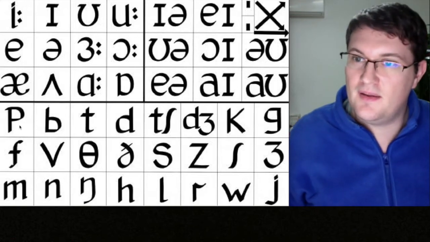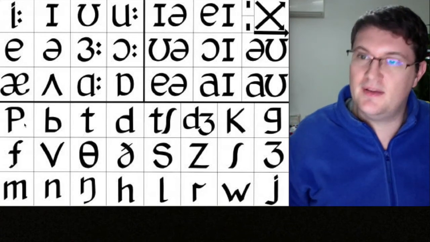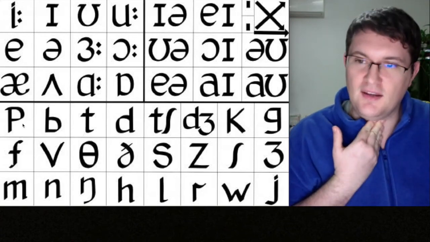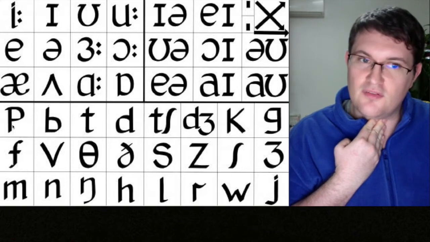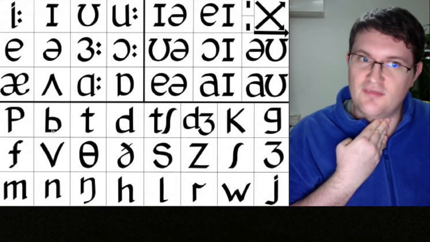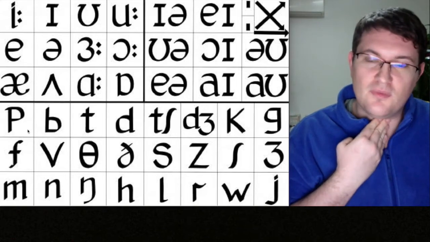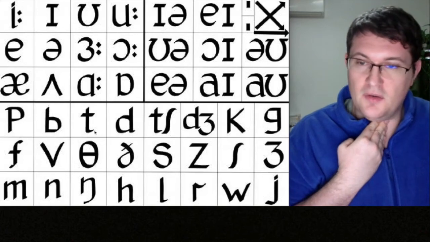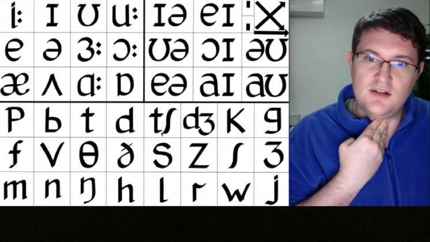If you put your hand here, then you can feel the first one is not vibrating, the next one is vibrating. So the first one, /p/, then /b/. Same pattern going all the way down: /t/, /d/, /tʃ/, /dʒ/, /k/, /g/.